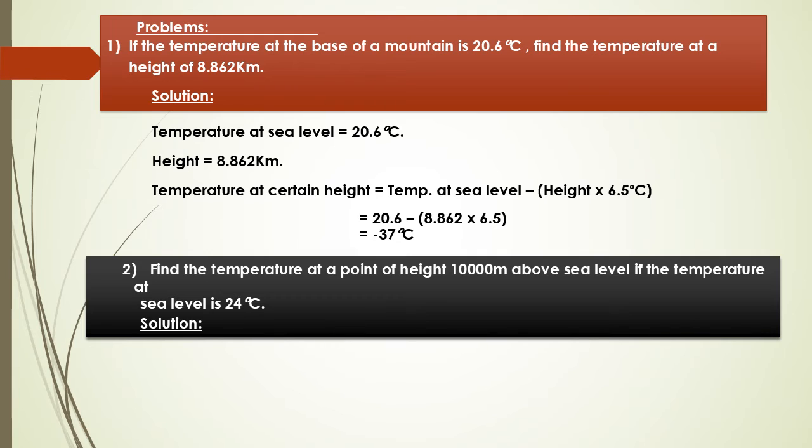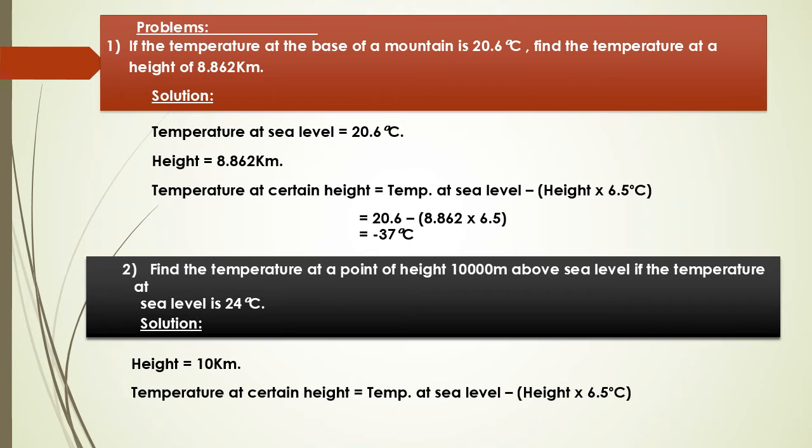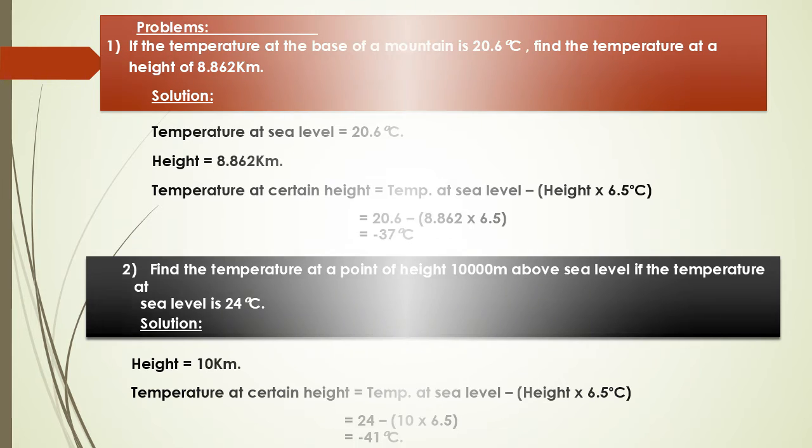But the height is in meters and we work with height in kilometers, so we convert: 10,000 divided by 1,000 equals 10 kilometers. So the temperature equals 24 minus 10 times 6.5, which gives minus 41 Celsius, because as we go up, the temperature decreases.